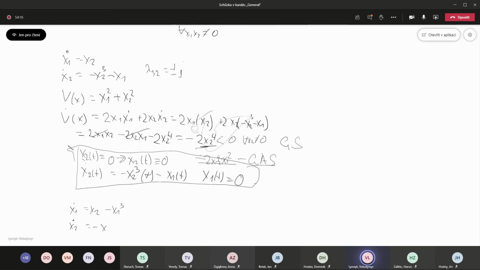Since x2 equals 0, we know that x1 equals 0 too, because it's minus something, minus 0. And then we can conclude that x1 equals 0 too, and this is the LaSalle principle.